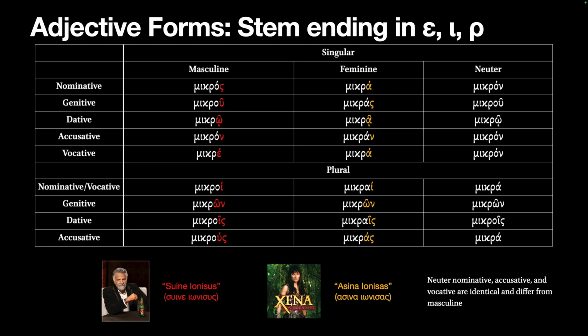And once again, our friends are going to be very, very helpful for us, and in fact, even more helpful in this case, as the asina, the alpha there, is present from our mnemonic. And then once again, our neuter is going to be the same in the nominative and the accusative in both the singular and the plural, and it's going to differ from what we see over in the masculine.